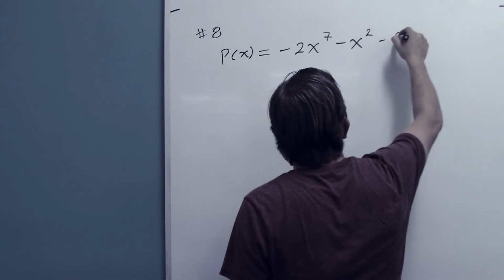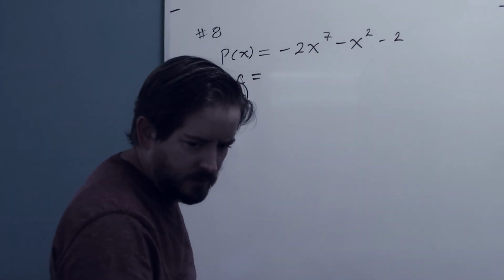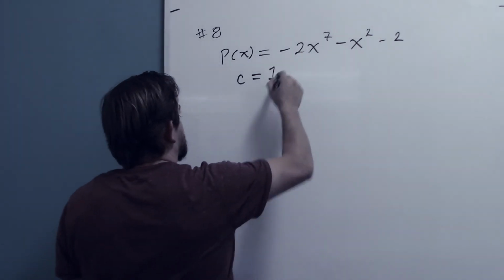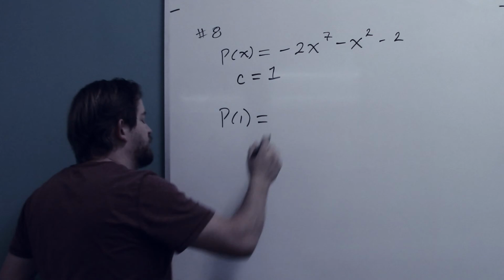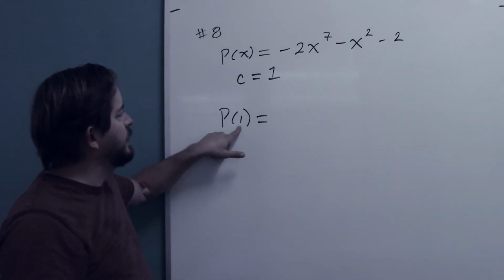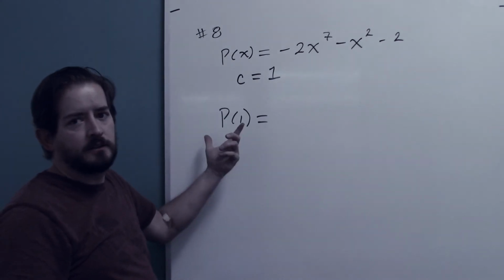And we're asked to evaluate when c is 1. So really all it's asking me to do is plug in 1 in here. And the value of this is if I plug 1 in here and I get a 0, then x minus 1 is a factor, right?